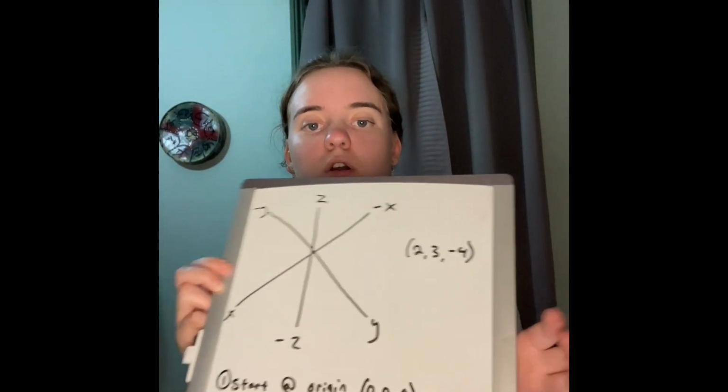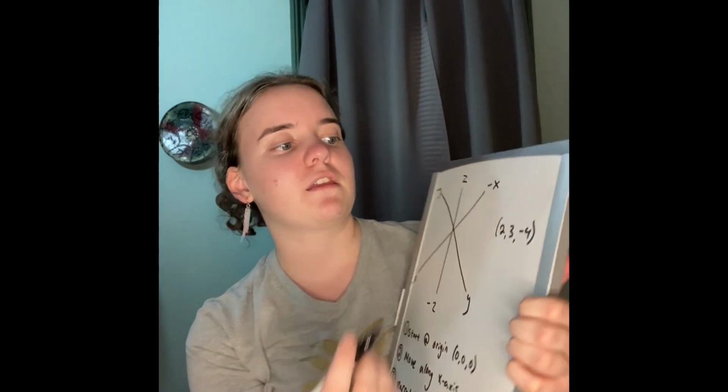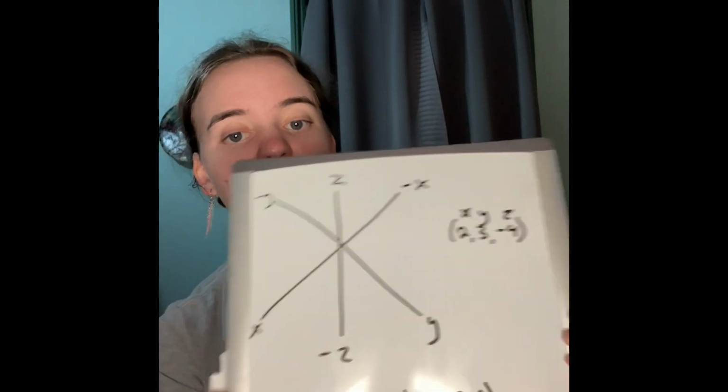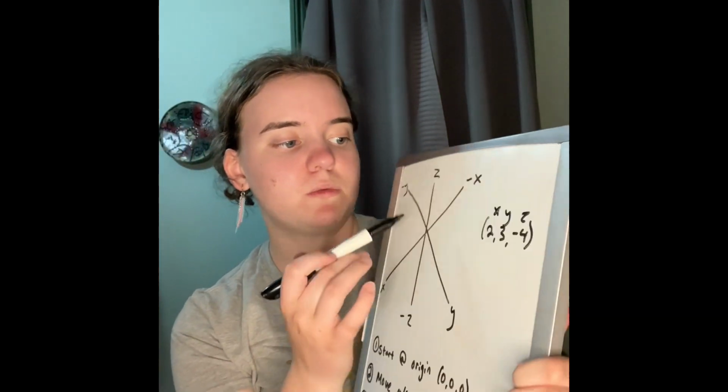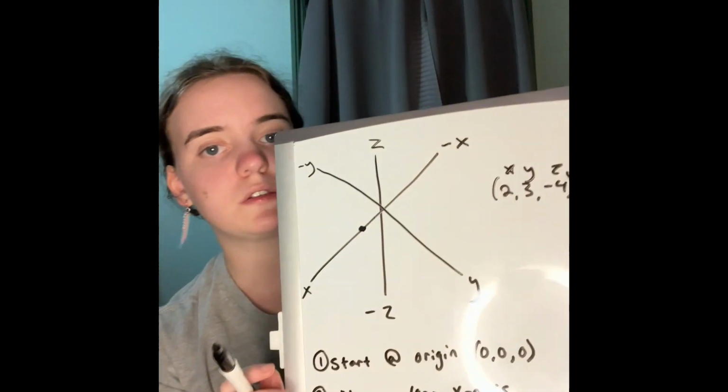Okay, so here's sort of how graphing the x, y, z coordinates looks like. So you start at the origin, which is 0, 0, 0, and you move along the x-axis. So for this one, our x value is 2, 1, 2, so there.